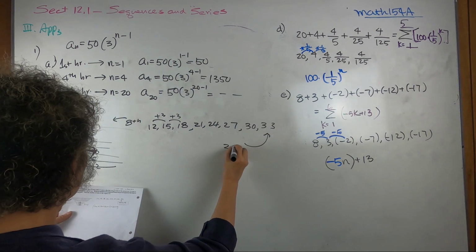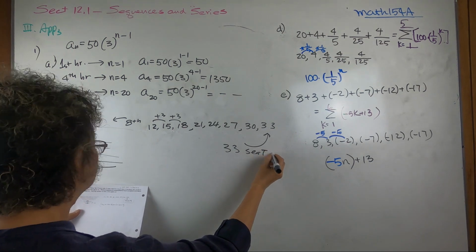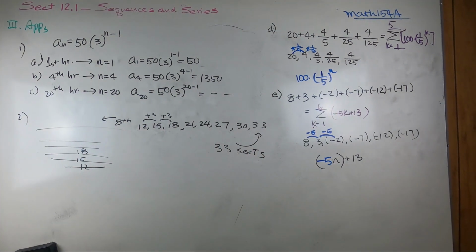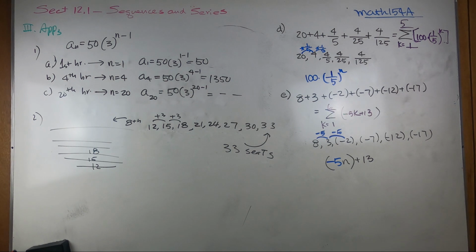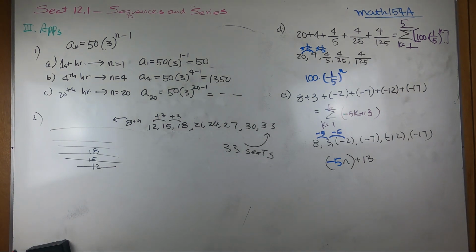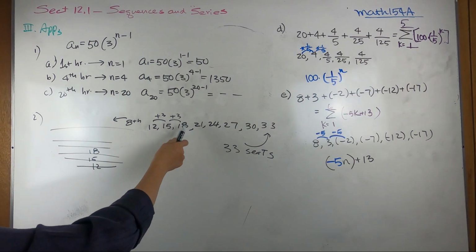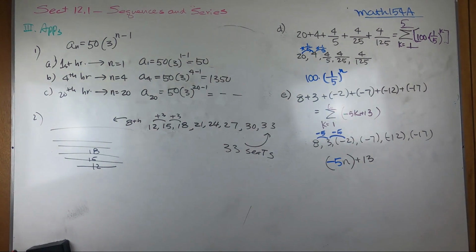That will be 33 seats. So that's how we look at it. We just identify each row, each term.